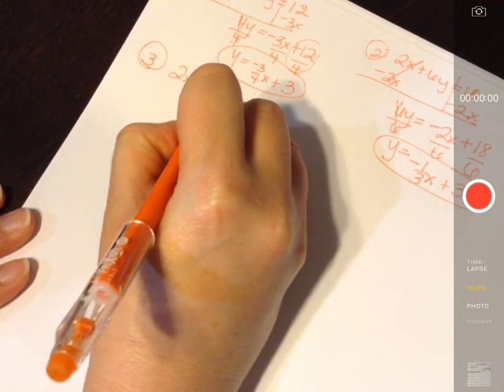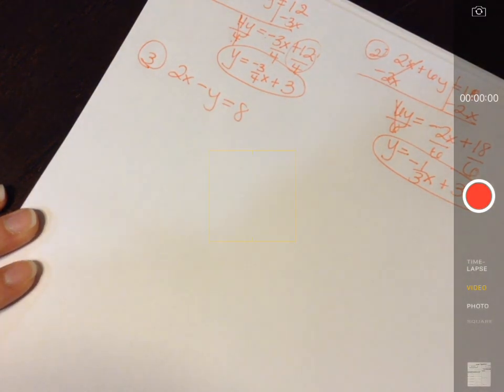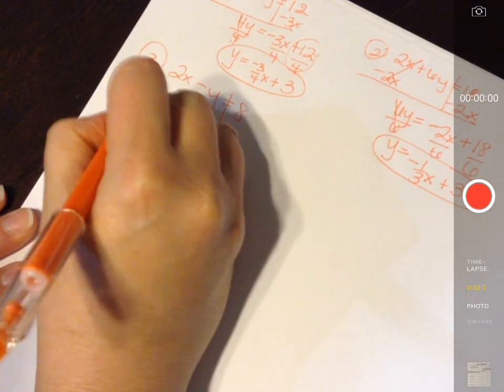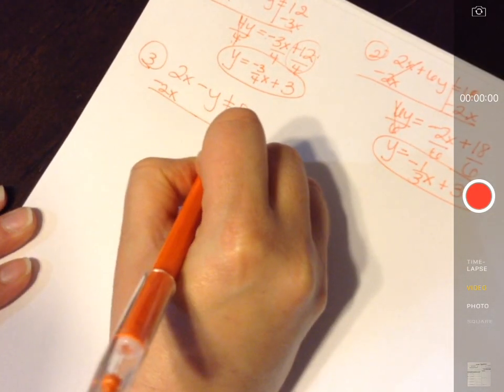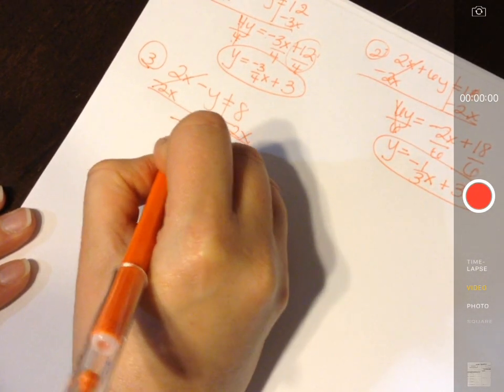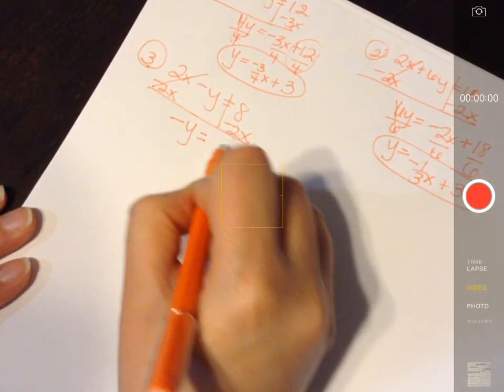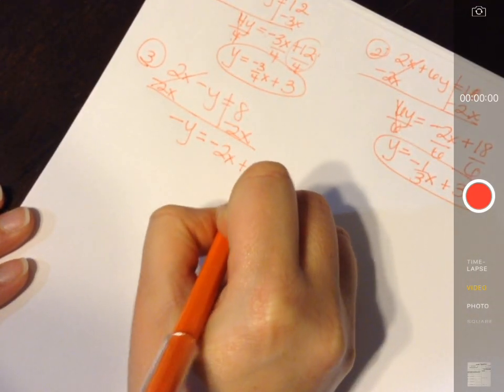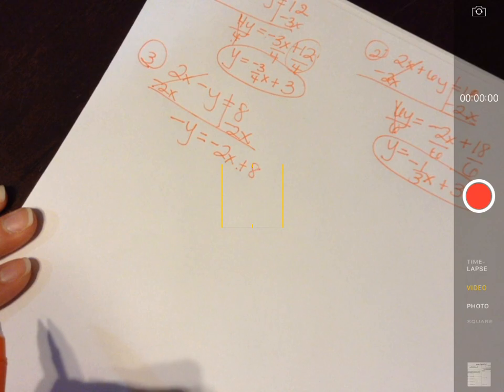Number 3 was 2x minus y equals 8. I will subtract 2x from both sides. 2x minus 2x cancels out, leaves me with negative y equals negative 2x plus 8.